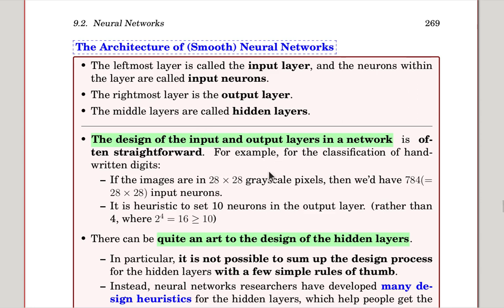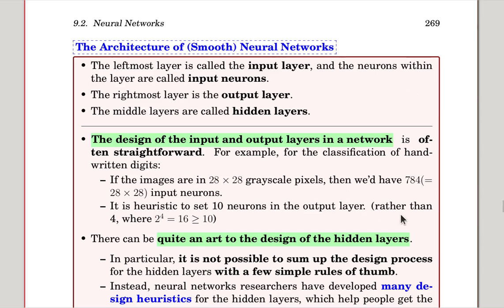For example, when we are dealing with handwritten digits, because the images are 28 by 28 grayscale pixels, we can set 28 squared, which is 784 neurons in the input layer. For the output layer, because it's classifying 10 digits, we can set 10 neurons in the output layer.